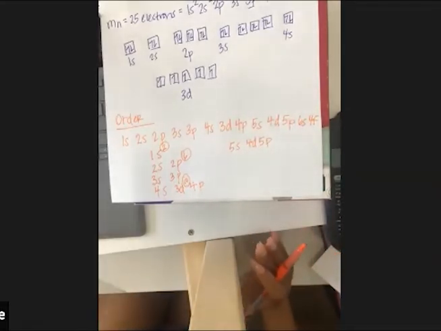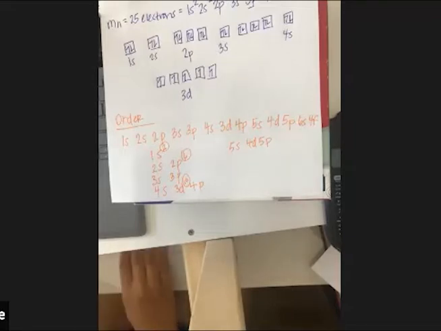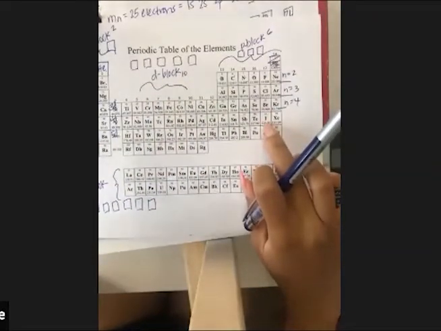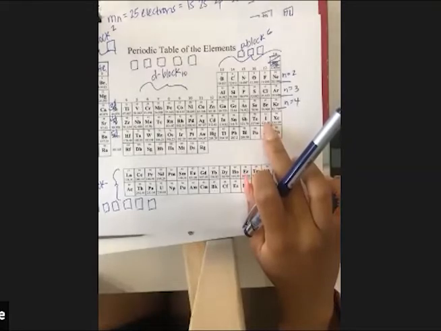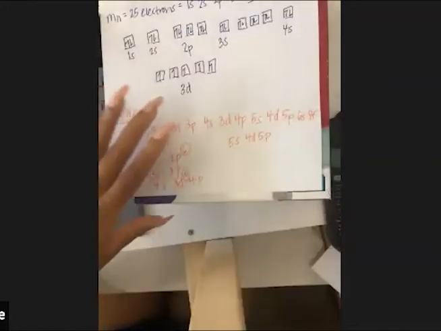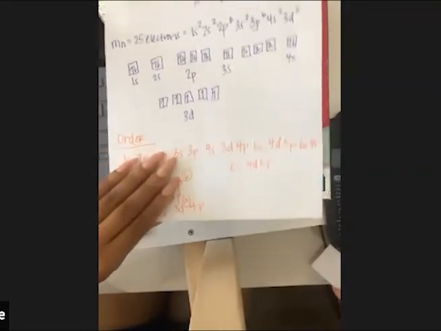So that's the orbital diagram. Now, another way to write out the electron configuration is to write the abbreviated version, because as you can see, the further you get down the periodic table, like let's imagine I had to do the electron configuration for iodine, that's a lot of letters and numbers I have to write out. So we have an abbreviated version or noble gas configuration.